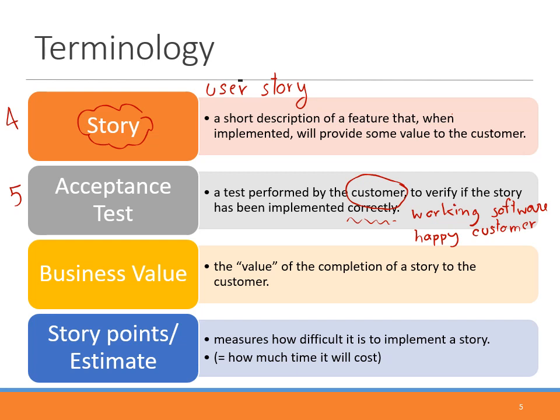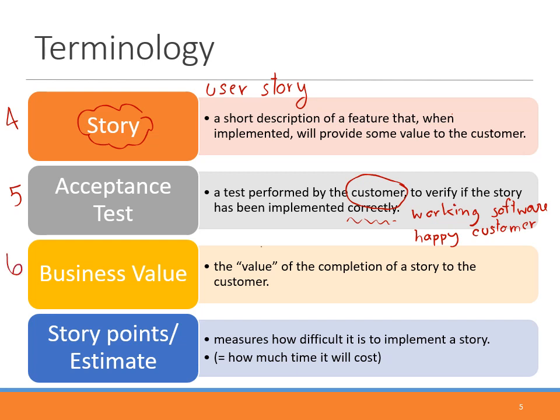Okay, and this is done through an acceptance test. Usually we do an acceptance test once we finish a story or at the end of the sprint. We invite the customer to join our sprint meeting, and then we demonstrate and make an acceptance test.